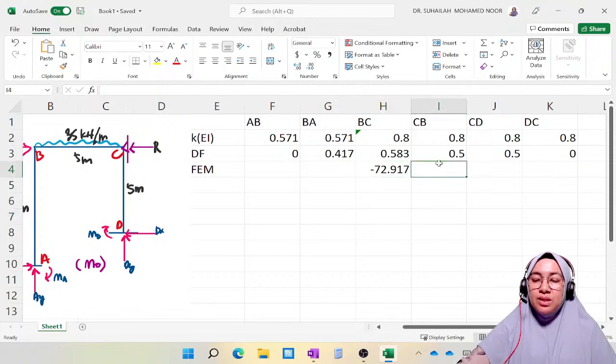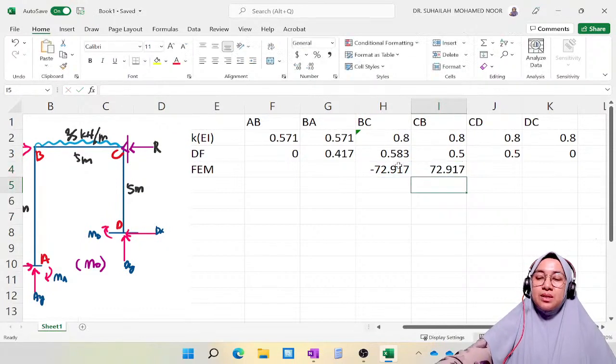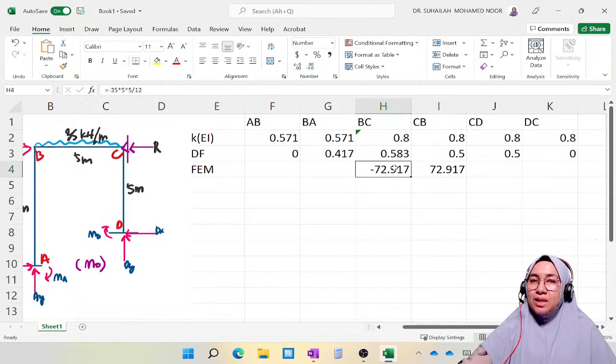For CB, of course, we will have the same value, but the sign is positive because of the behavior. So FEM at B is negative 72.917, and FEM at C is positive 72.917.